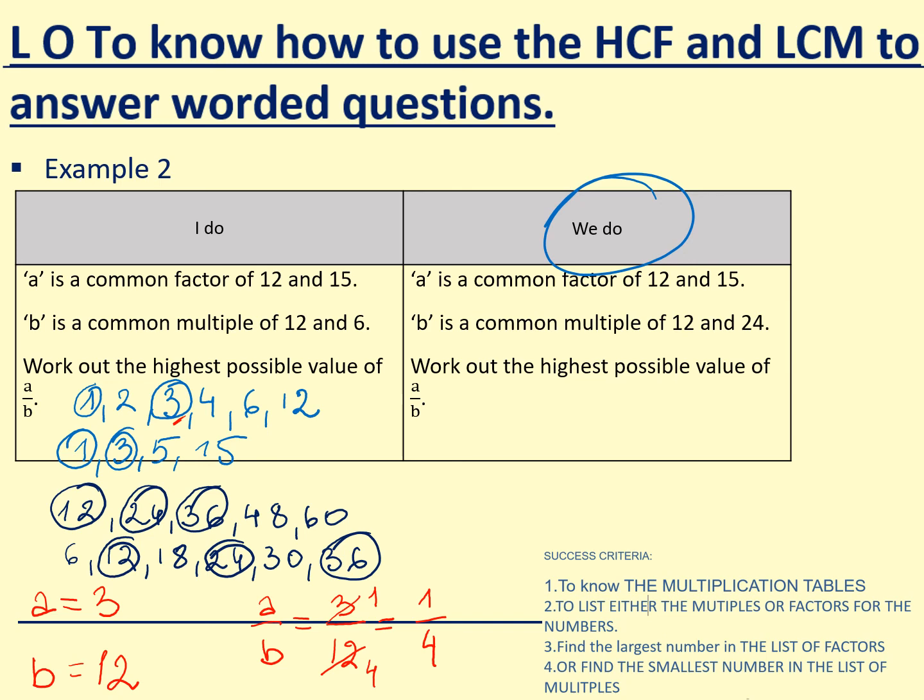Again, A must be as big as possible, so it's 3, the highest common factor, and the lowest common multiple of 12 and 24 is 24. So the highest possible value of A over B is 3 over 24. Again, we can divide both of them by 3, so it's 1 over 8. If that's what you have, well done.